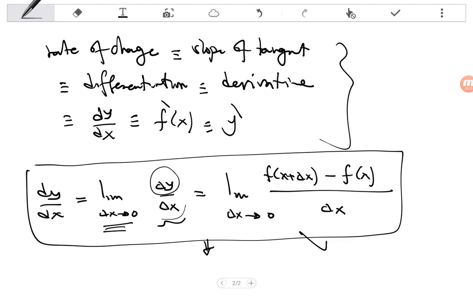So how would we do that? First, let's see what is meant by that definition.